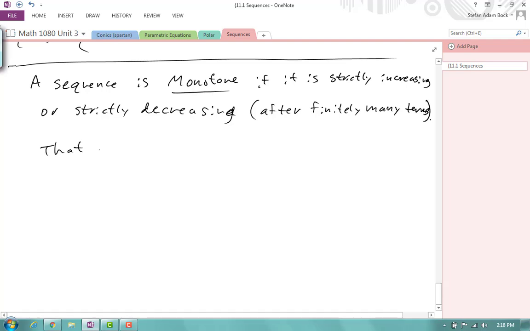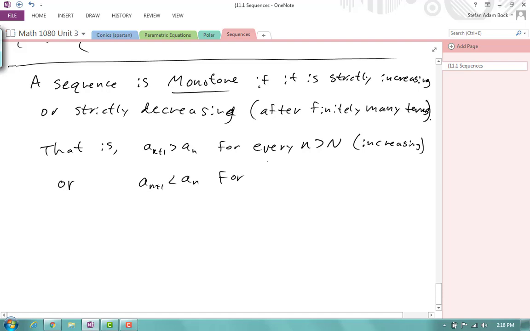So that is a sub n plus 1 is greater than a sub n for every n bigger than big N. This is increasing. Or a sub n plus 1 is less than a sub n for every n bigger than big N. This is for decreasing.